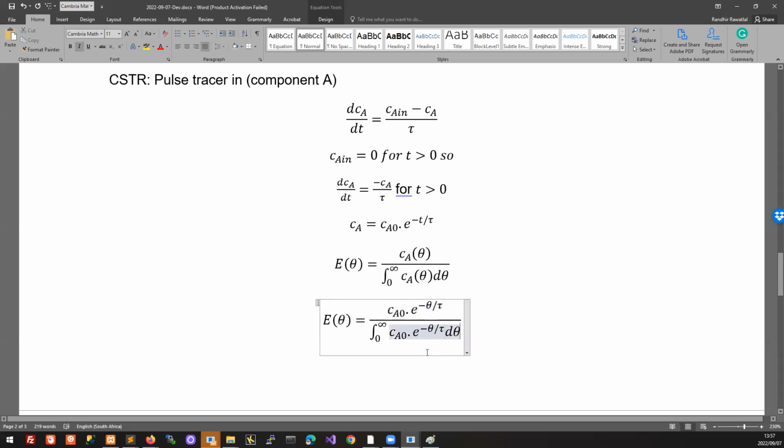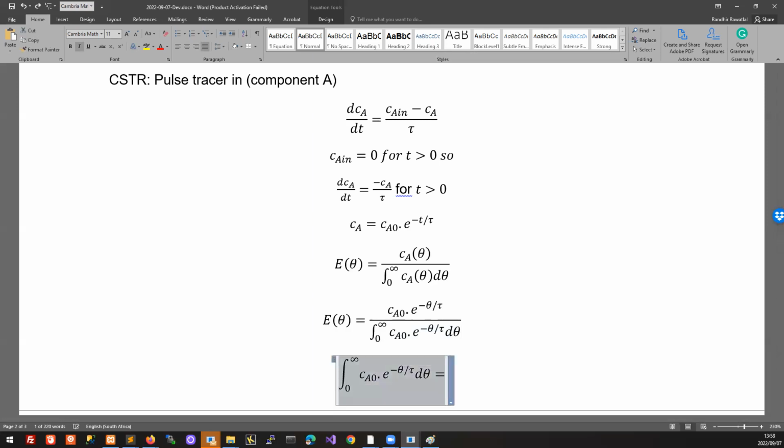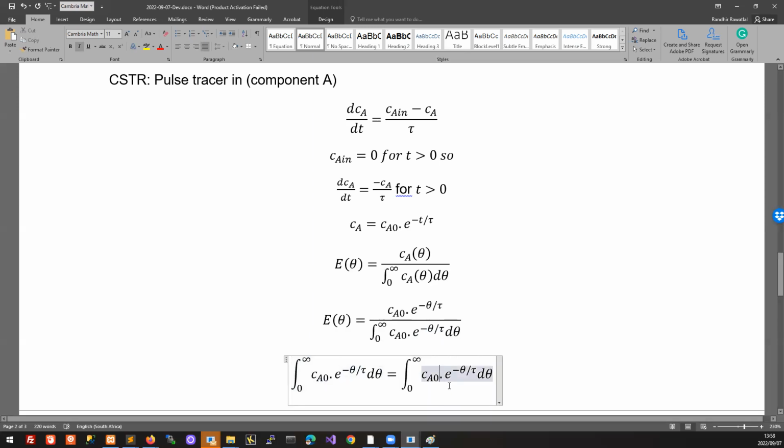So let's do that. So we take this denominator and we say this equals, and first off, we can see that we can remove the Ca naught as a constant of that integration. So just extract that Ca naught here. And then the integral of the exponential of your function is equal to 1 over the constant.